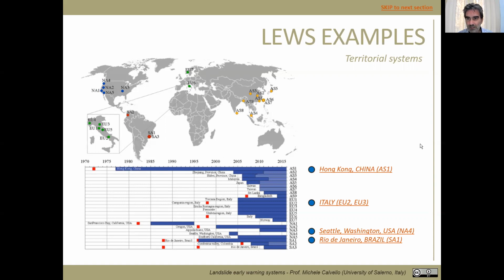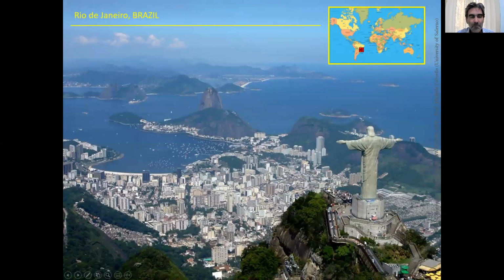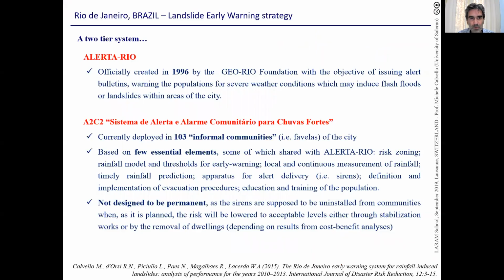So let's start, and we will start from the last one of these examples, Rio de Janeiro. Here it is. We go virtually in Brazil, and we are in Rio de Janeiro, the city. What do we have as systems there? We have indeed two different systems.